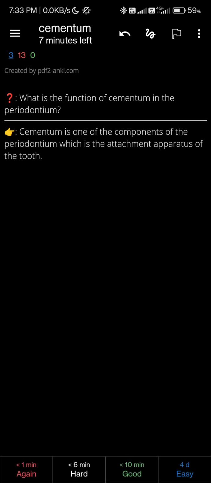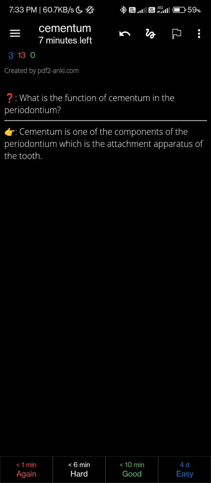What is the function of cementum in the periodontium?